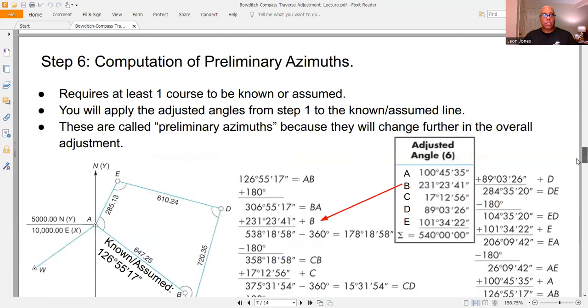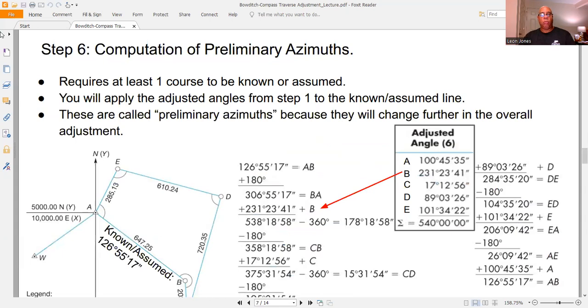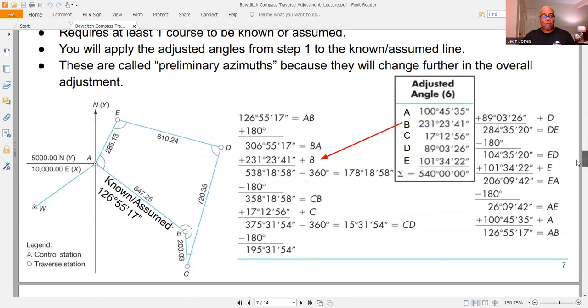Now, the next thing we do, we have computation of preliminary azimuths. So we already had our first azimuth given to us at 126, 55, 17. So basically, are you going to go clockwise or counterclockwise? And it looks like in this direction, you have 126, 55, 17.